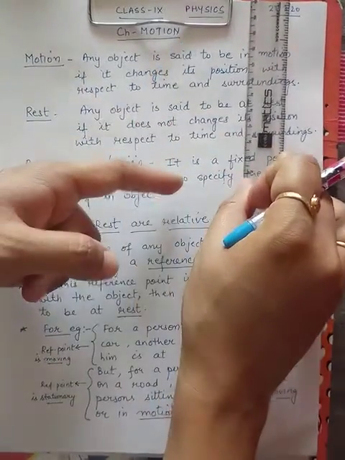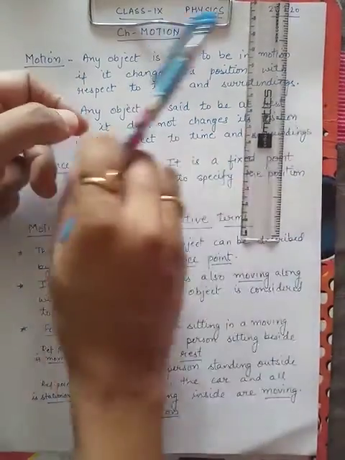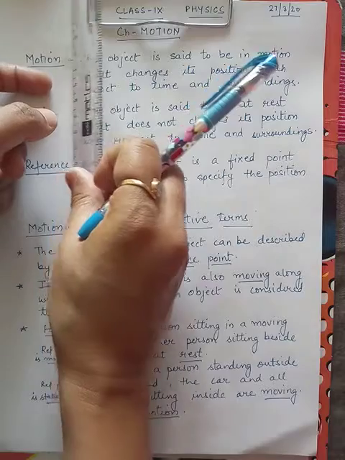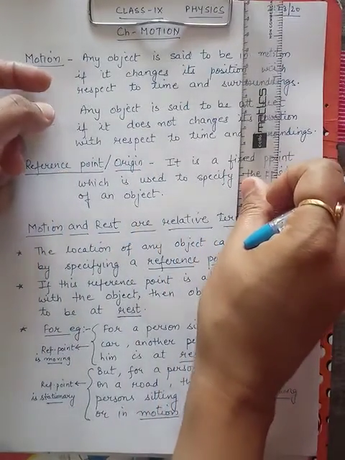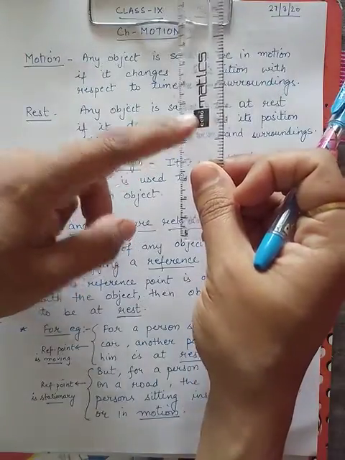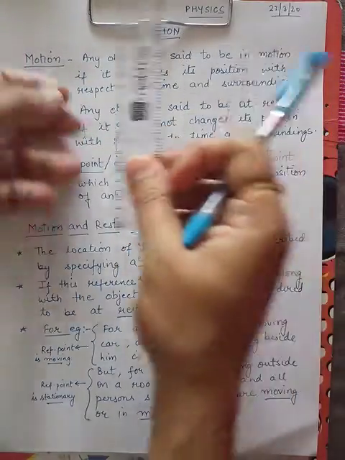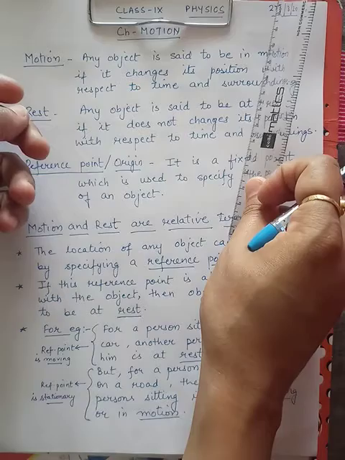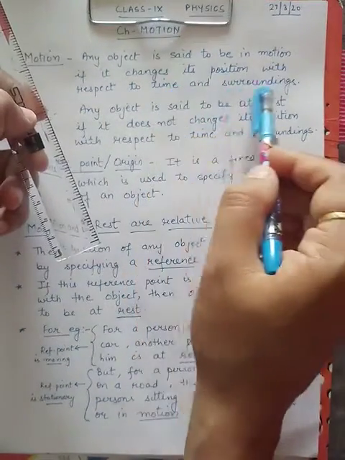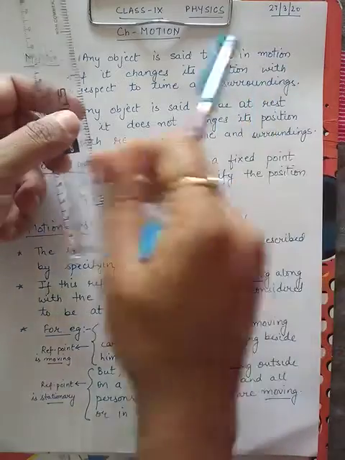From this place to this place it has moved because I have moved it, right? So during this time when it is changing its position, it was in motion. So any object is said to be in motion if it changes its position with respect to time, and we can also see it with respect to surroundings.